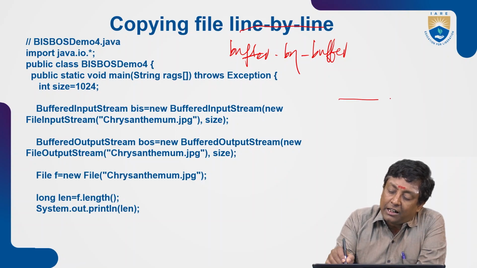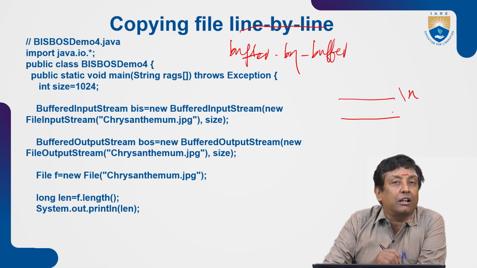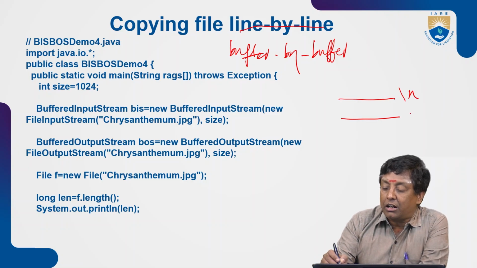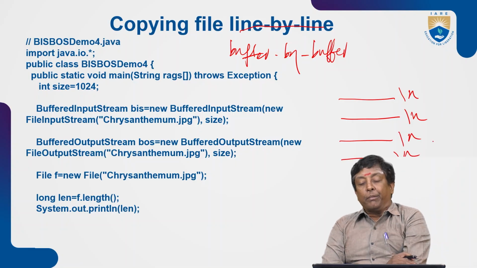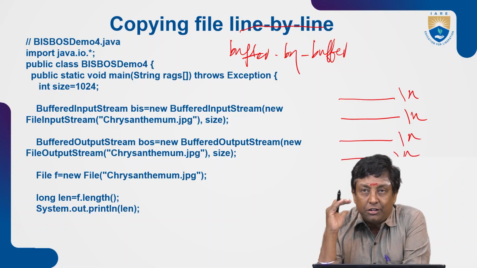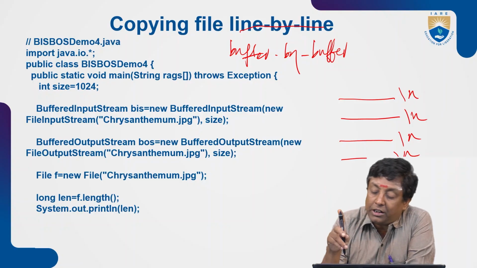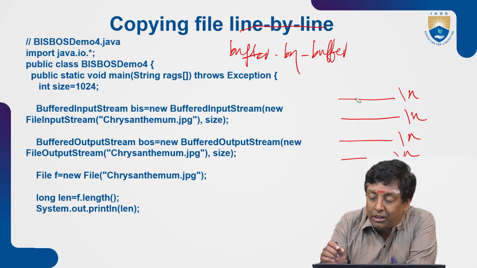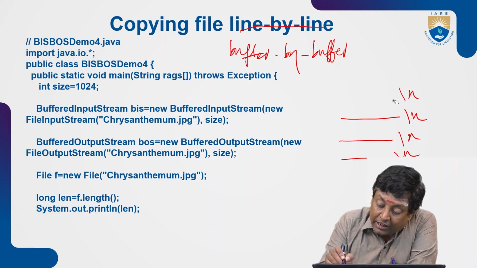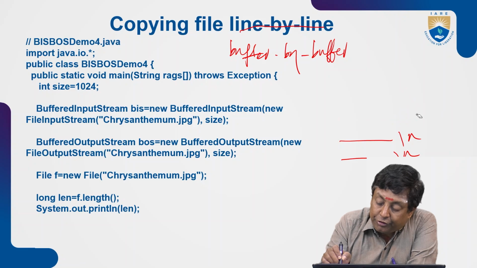Text files contain a newline at the end of each record to bring control to the second student record, then the third, then the fourth, and so on. Each record is stored in one line, so using the readLine method we read each line until we encounter the newline character.